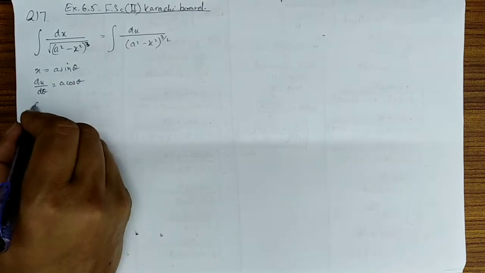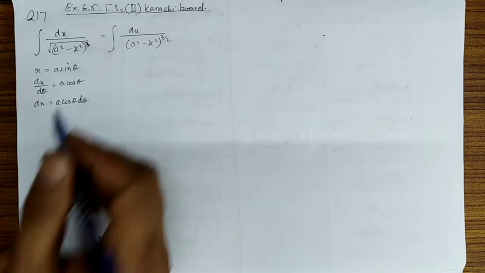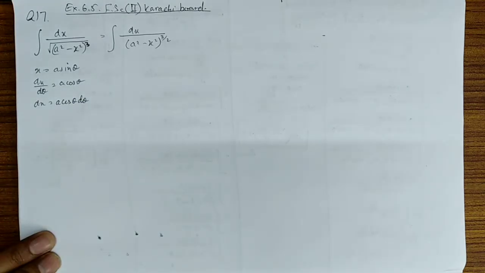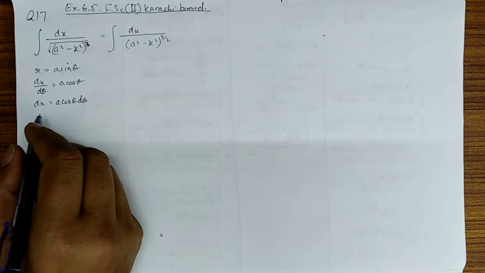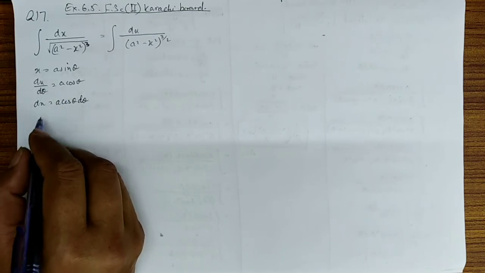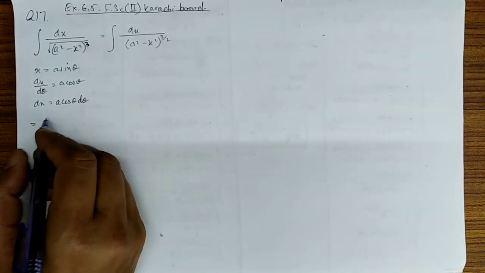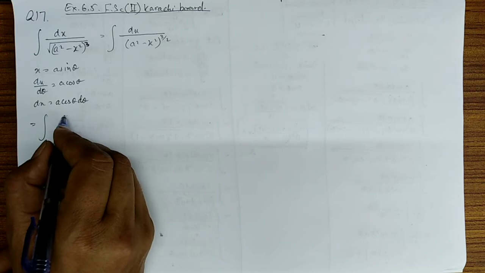So dx is equal to a cos theta d theta, right?